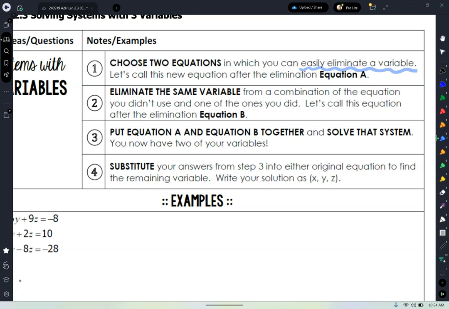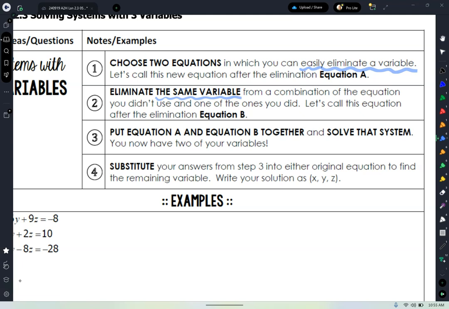Then we're going to get the other one down to two variables as well, because we're going to use a combination of the equation we didn't use. So we're going to pick two, which means we're going to be left with one. We're going to use the one that we didn't use and one of the ones we did use, and we're going to eliminate the same variable. So it's important that you eliminate the same variable, okay?